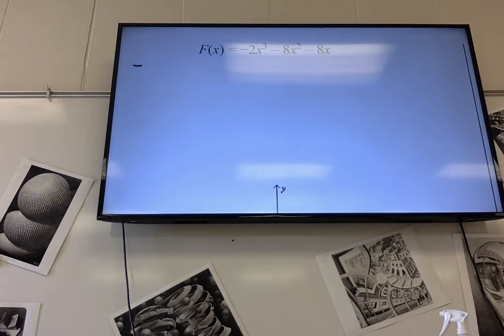I can factor out a -2x, leaving me with x squared plus 4x plus 4. Then, does x squared plus 4x plus 4 factor? Yes, into x plus 2 times x plus 2. Two numbers that multiply to give you 4 and add to give you 4 are both 2's.